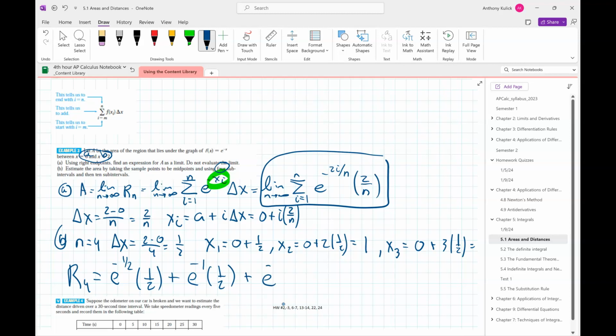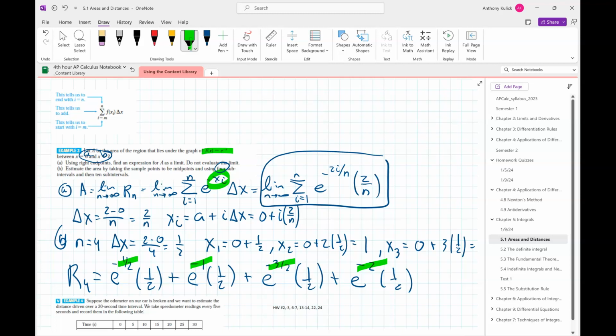And then e to the negative 3/2 times delta x plus e to the negative 2 times delta x. Because again, this is x1, x2, x3, x4. We've just plugged them in to our f of x. And then it's calculator time.